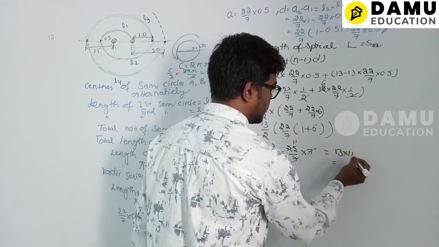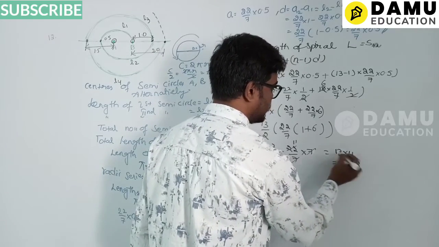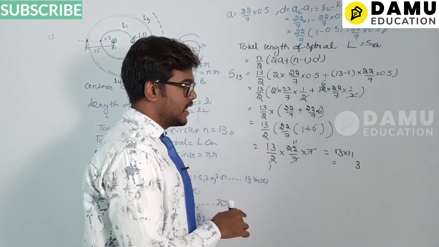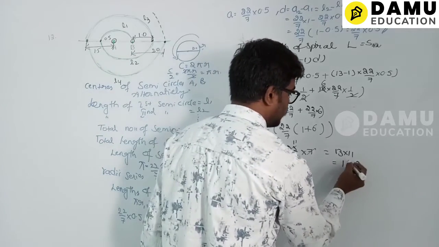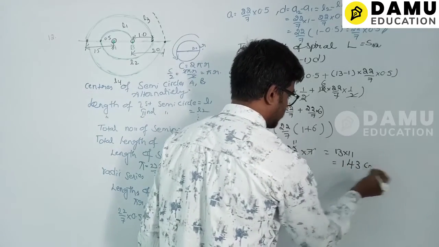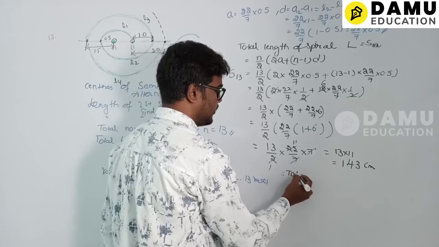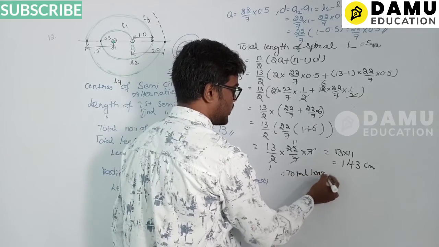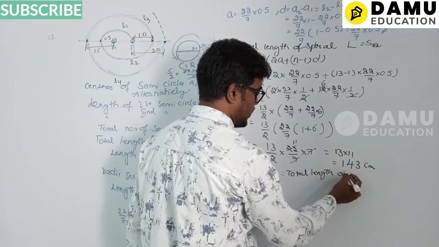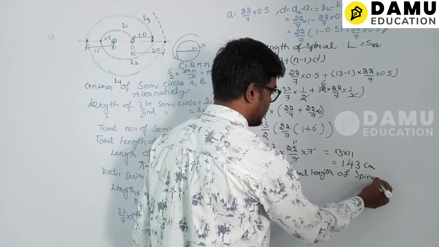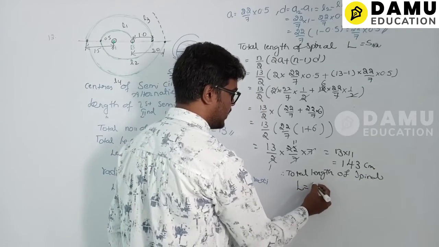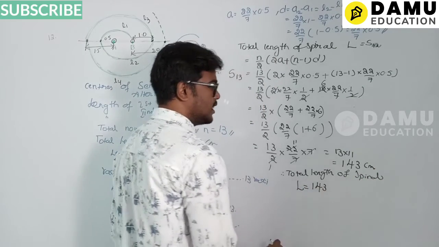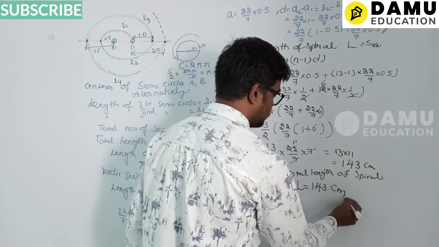So what value are we getting? 33, 11 ones are 11, 11 plus 3 will be 14, so 143 centimeters. Therefore, the total length of the spiral, capital L, will be equal to 143 centimeters.